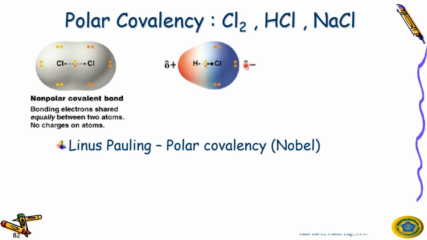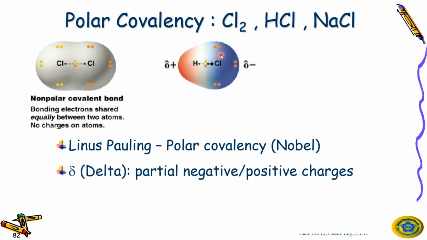So you get negative here and positive here on this edge. But as a whole, this is charge neutral. This is a neutral molecule. But inside, you have a place which is more positively charged and a place which is more negatively charged. So this is what we call delta. The delta is a partial negative or positive charge.